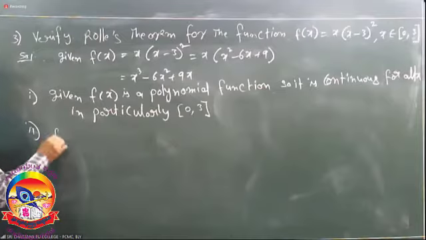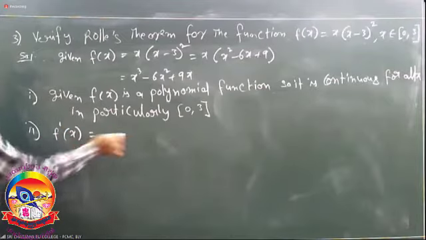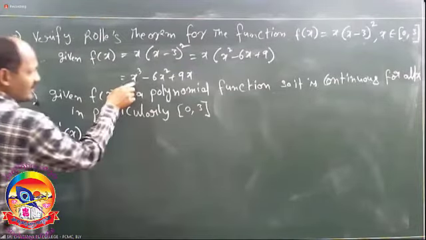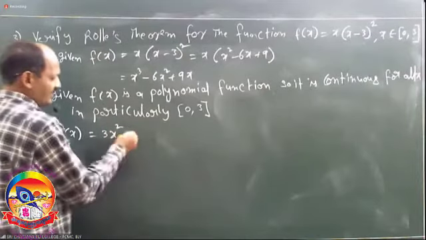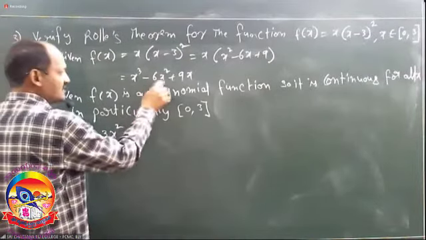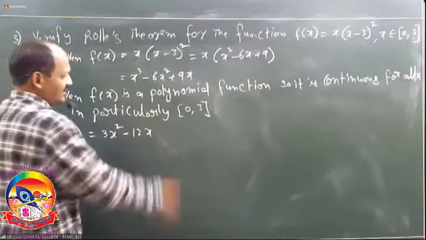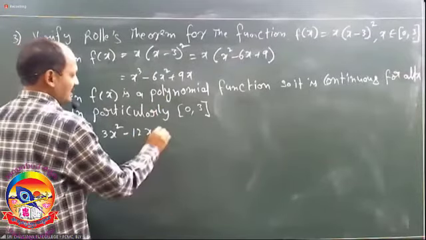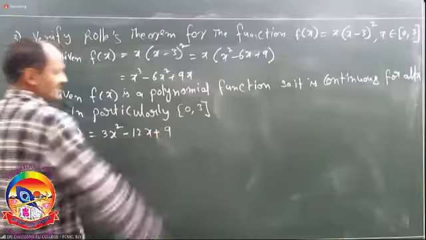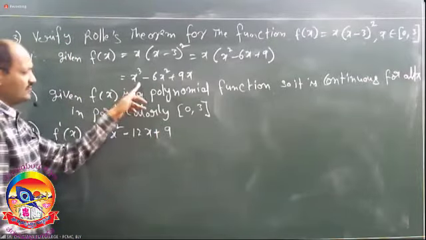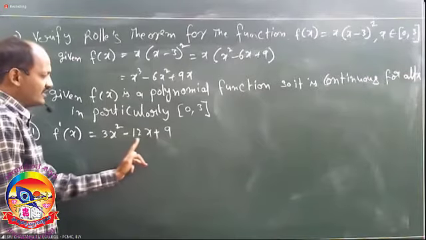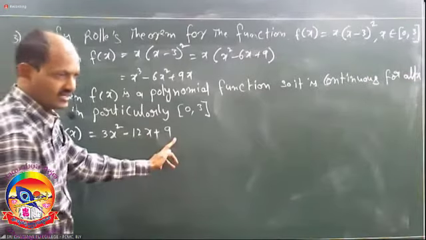Next, f dash of x. Next, differentiable. Derivative of x cube is 3x square, minus derivative of 6x square, it is 12x, plus derivative of 9x, it is 9. So the derivative of the given function is 3x square minus 12x plus 9.